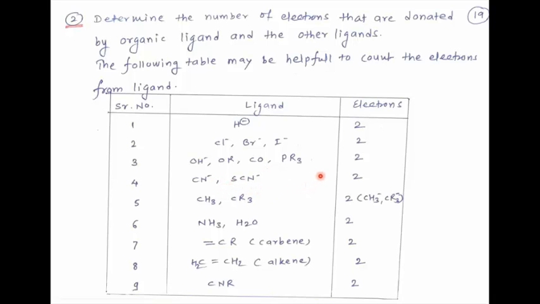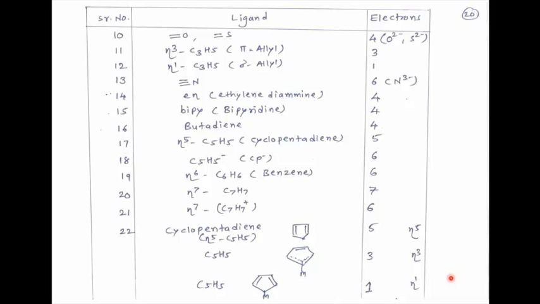These donate 2 electrons to the central metal atom or ion. Then CH3 and CR3 donate 2 electrons if present in CH3 minus or CR3 minus form. Then ammonia, water molecule, carbene molecule, alkene molecule, CNR group, they donate 2 electrons to the central metal atom or ion.